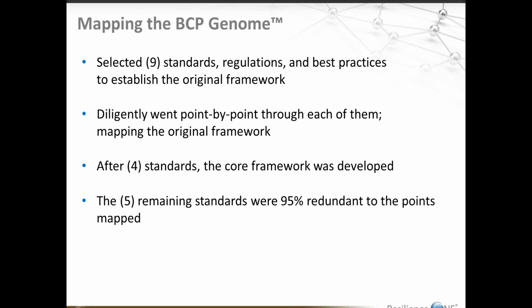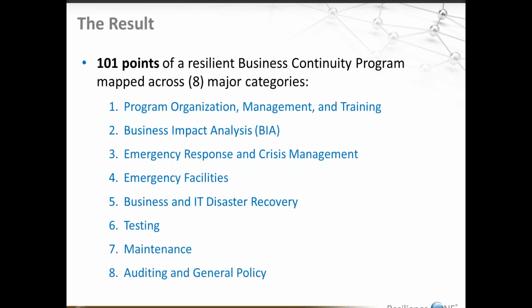We had all of the different points of our framework. When we kept going with each of the additional standards that we were mapping, we saw that the remaining standards were redundant to the points we had mapped. It was very interesting. The thought leadership is very repetitive and redundant, and that's not such a bad thing. It was consistent. So with the original points that we mapped, we were essentially just fine-tuning those with the remaining 5 standards. So 4 plus 5 got us the original 9.